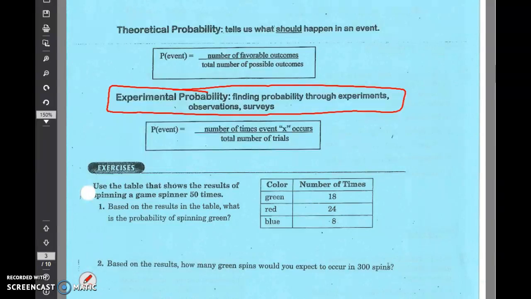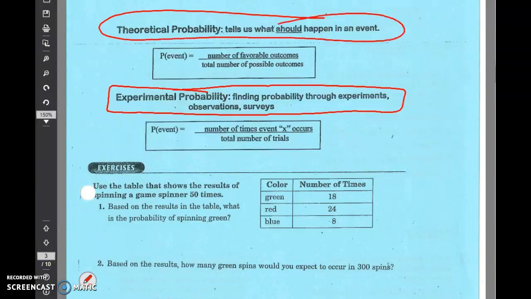Experimental probability is very, very similar to theoretical, but theoretical shows us what should happen if we roll a number cube, but experimental probability is finding probability through an experiment or an observation or something that someone has already gathered data regarding.